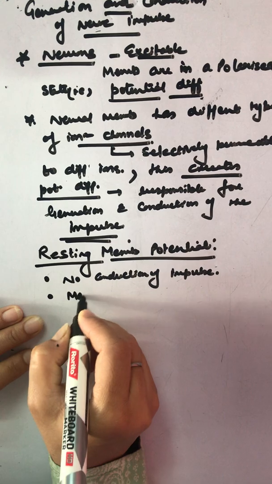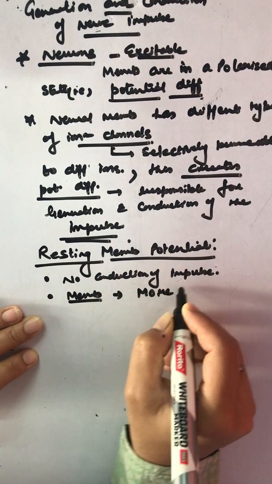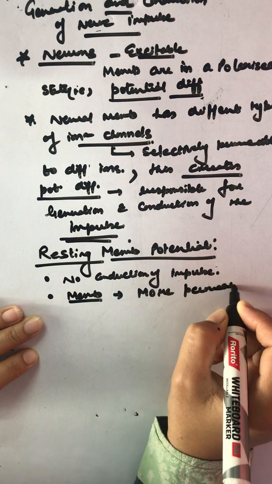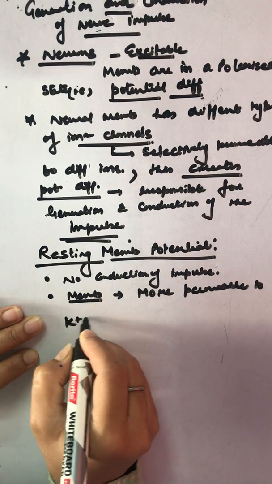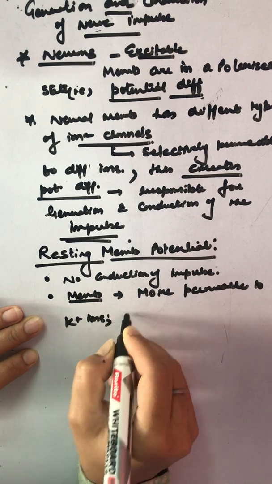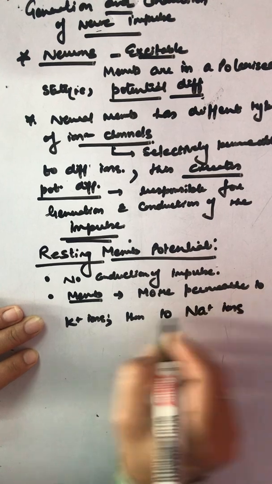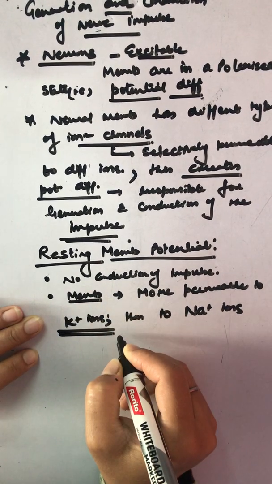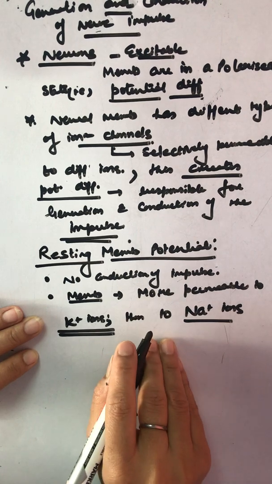At that time, the membrane is more permeable to potassium ions than to sodium ions. Means potassium can move in but not sodium to that extent. Okay?